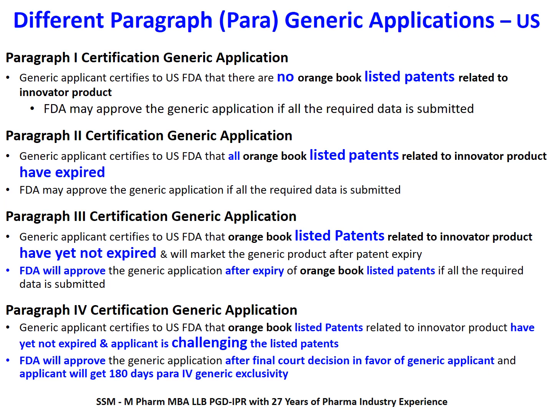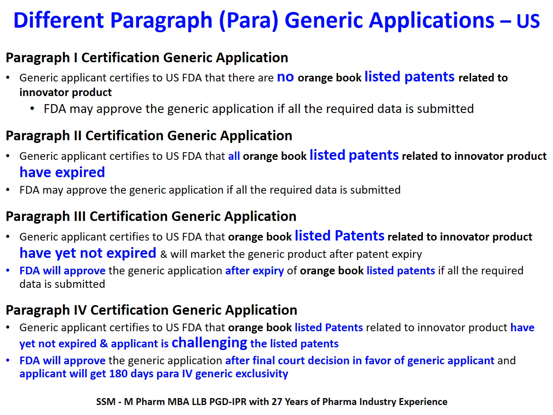The applicant believes that those listed patents in the Orange Book are either invalid or not enforceable, or that the generic product is not infringing those listed patents. In this case, FDA will approve the generic application after the final court's decision in favor of the generic applicant. So in a Para 4 certification application, ultimately the case goes to court.